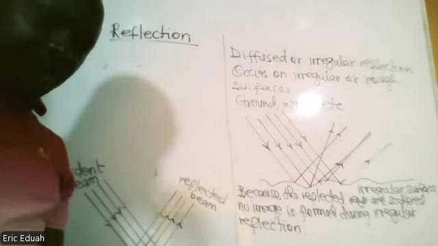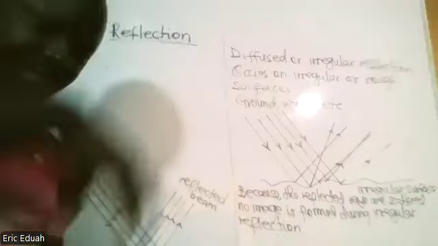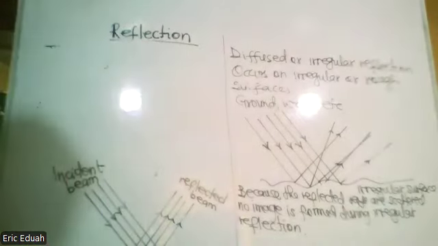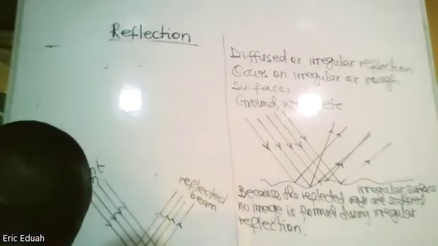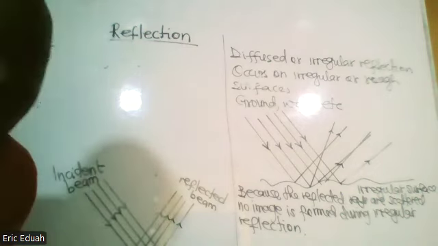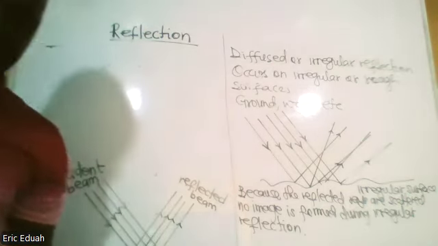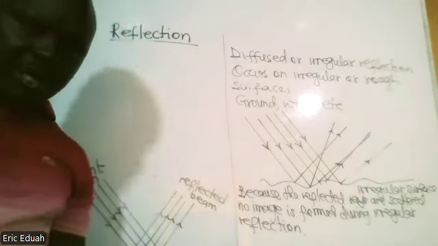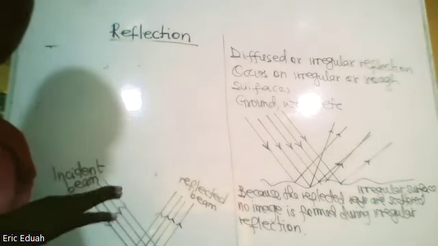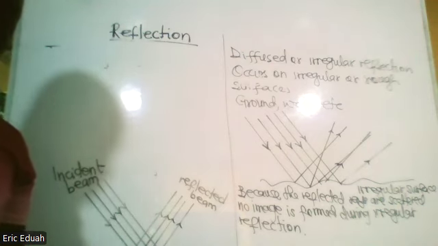However, should the same sun beam on the surface of calm water, there will be formation of an image of the sun and of the cloud. You will see the image of the sun, the image of trees around the riverbank, the image of the cloud in the water, telling you that for smooth surfaces, there is regular reflection occurring.